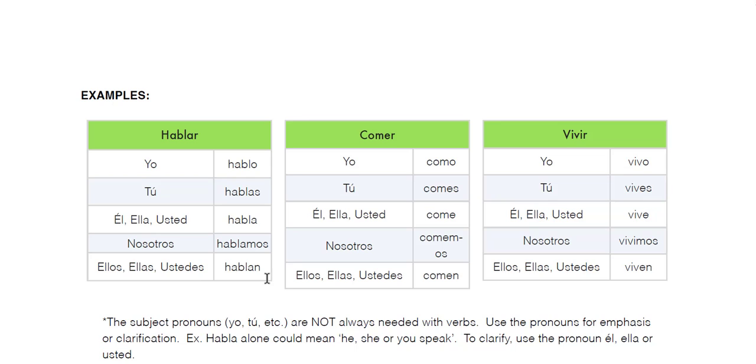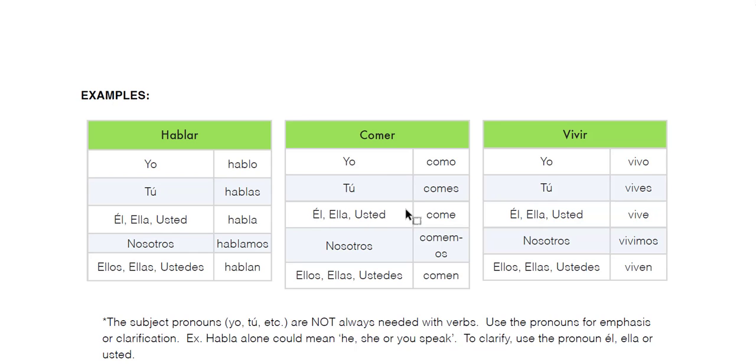Okay? All right, yo como, right? Oh, so comer. Comer is an ER verb, right? I look it up. I see that there's an ER there. I know that the ER endings, right, apply to this particular verb. So I'm going to replace that ER ending with O for yo. So yo como, I eat. Tú comes, you eat.